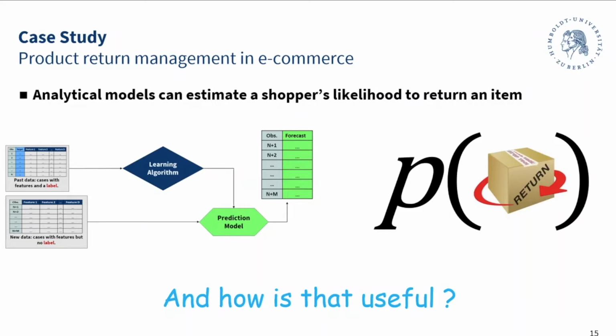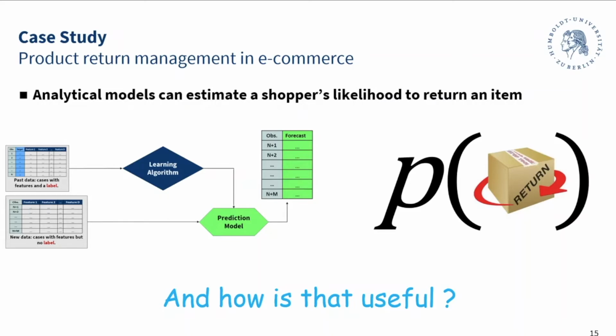In all these examples, and especially if you want to nudge the customer to not buy, you believe this shirt is not going to fit. I'd rather have him not buy it, possibly losing some revenue, but I'm fairly sure it's going to be returned.